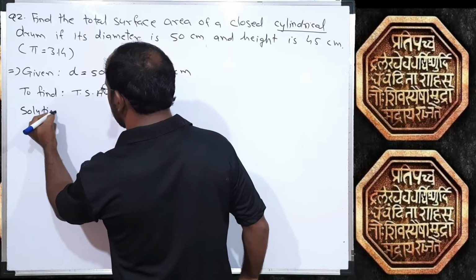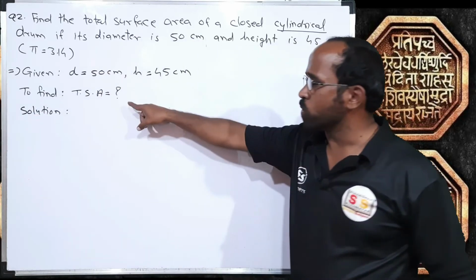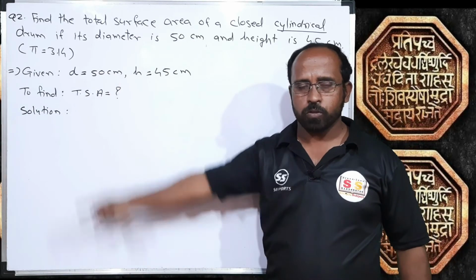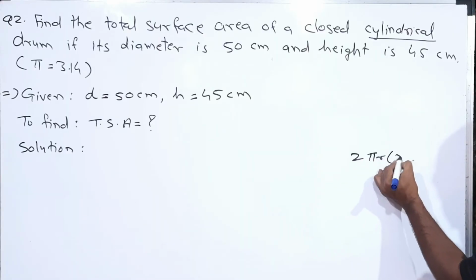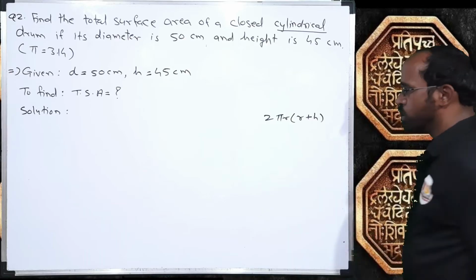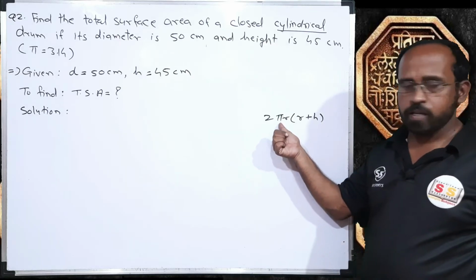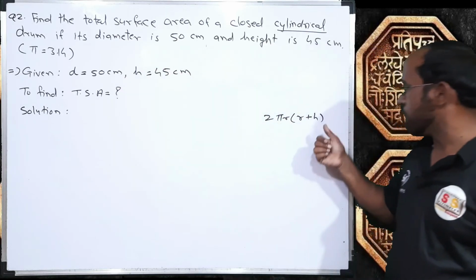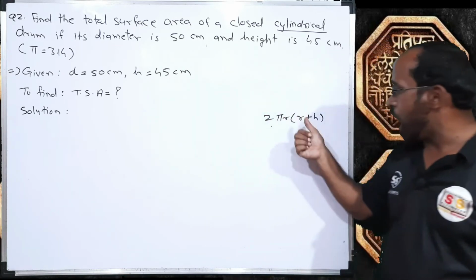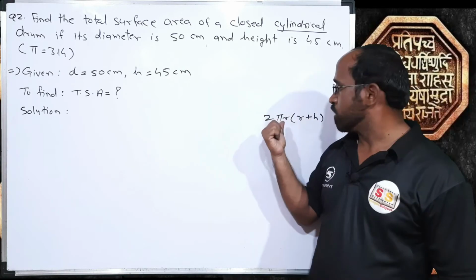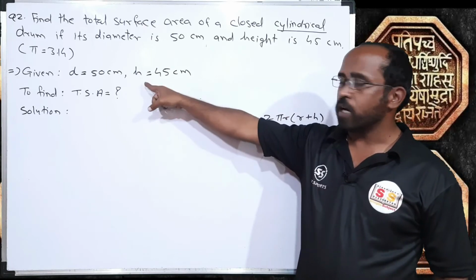Solution. Students, here we have to find out the total surface area. The formula for total surface area is equal to 2 pi r multiplied by the bracket r plus h. So the formula contains pi, which is given, h, which is given, r, which is not given. So is there any clue given to find out r?